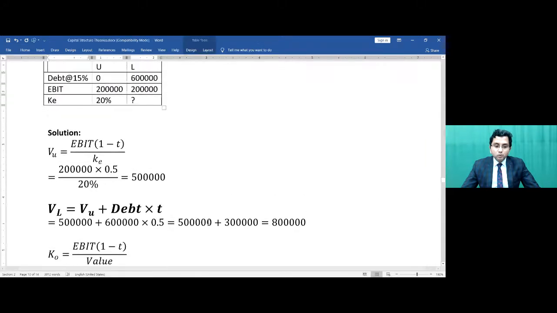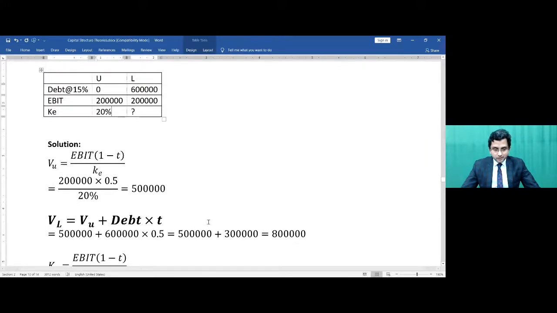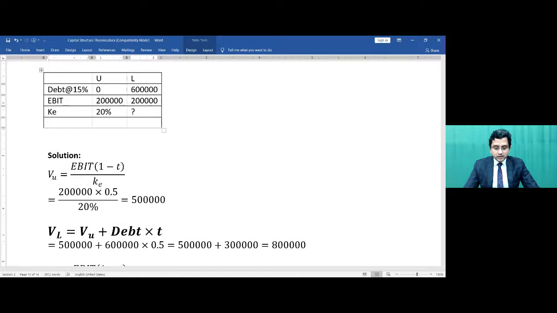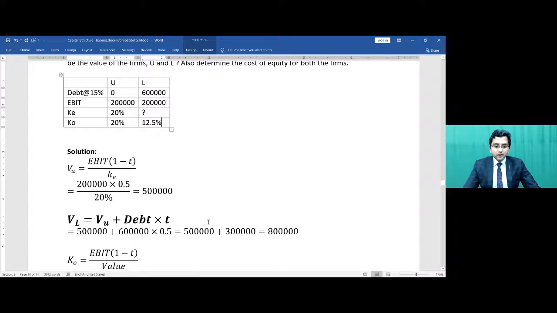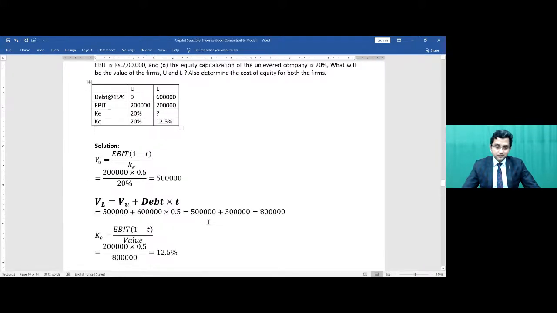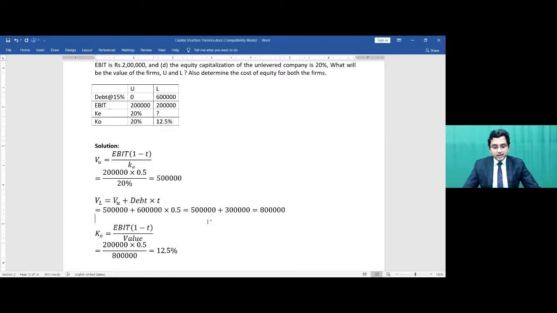I must tell you one more thing over here, that if I calculate KO also, then for unlevered firm, KE and KO remain same. But for levered firm, now we calculated it to be 12.5%. So, buddy, you wanted me to calculate M&M with tax.